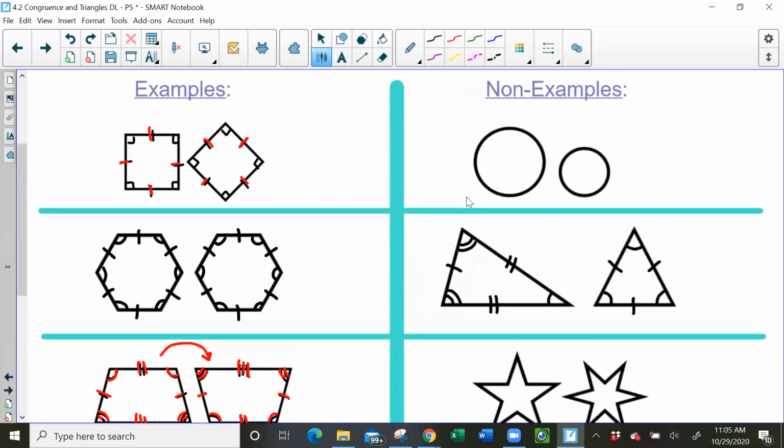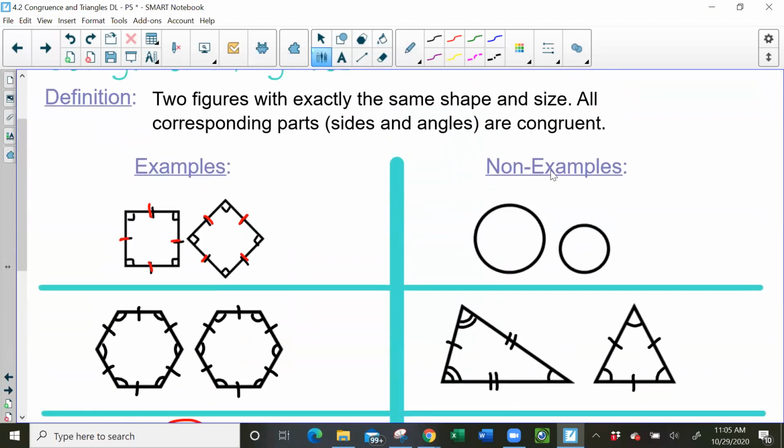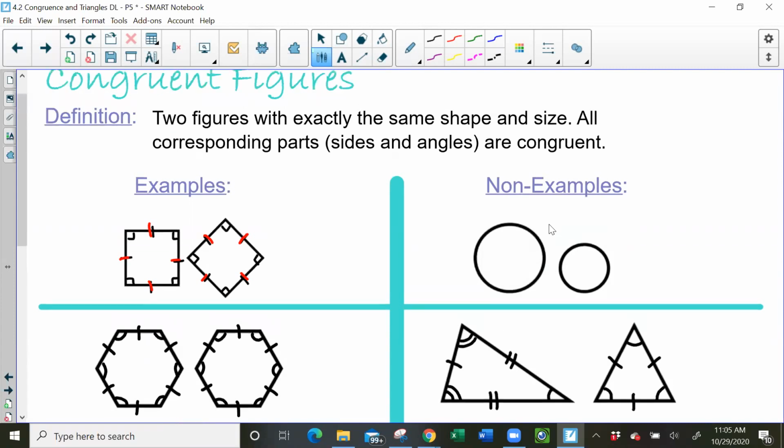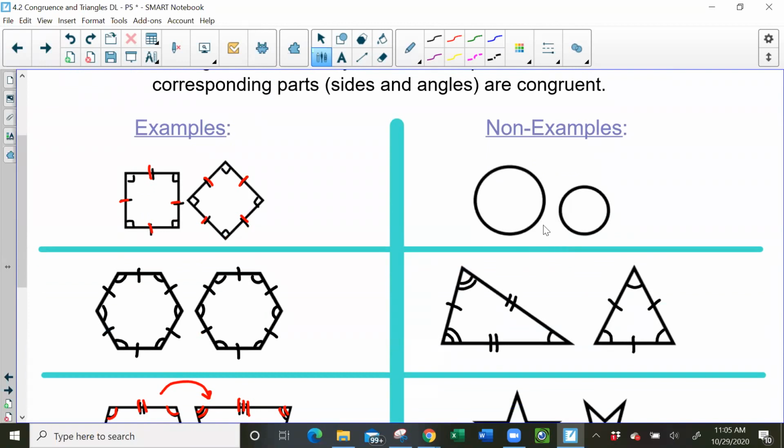Let's look at the non-examples. First of all, circles aren't polygons, but they're not congruent because they're the same shape but not the same size. So those would not be congruent to each other. They're not polygons, but we're talking about congruent figures because these don't have sides.